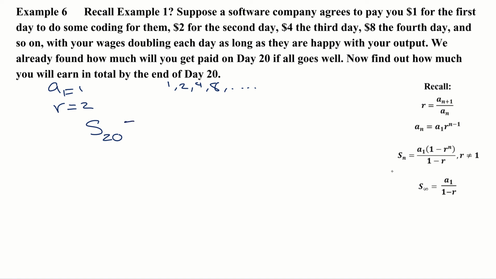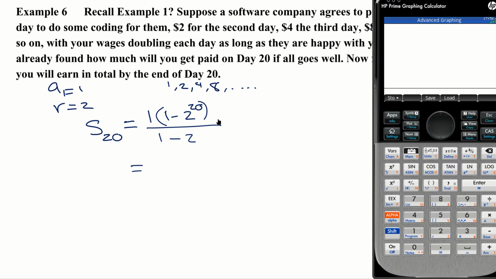So we get S20 equals a1, using this formula, let's just go ahead and plug it in, which is 1 times 1 minus 2 to the n, which is 20, over 1 minus 2. So now it's just a matter of computation. Basically 1 times anything is itself, so just 1 minus 2 to the power of 20, and we're going to divide that by -1.